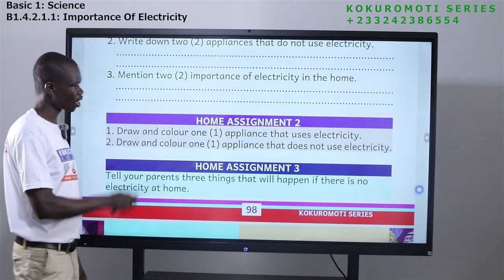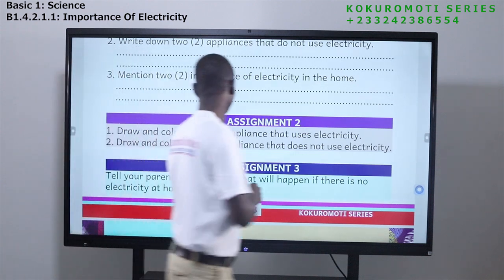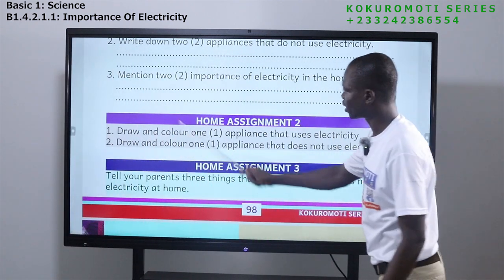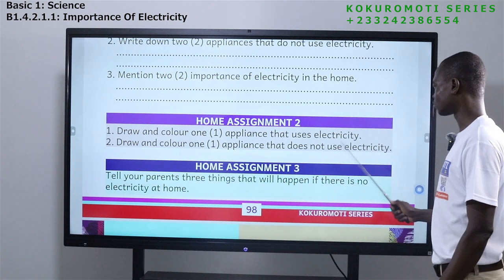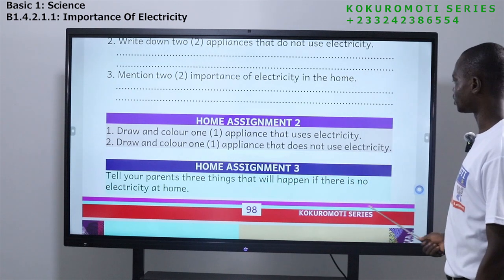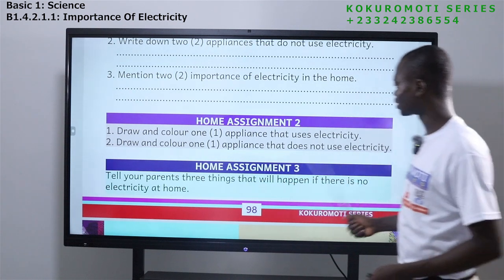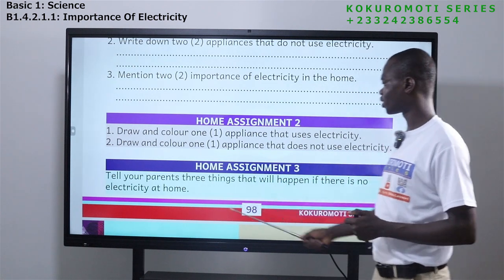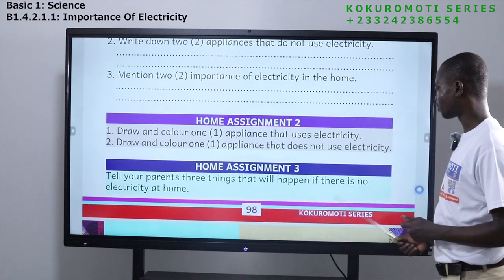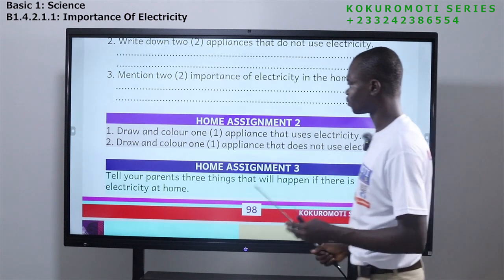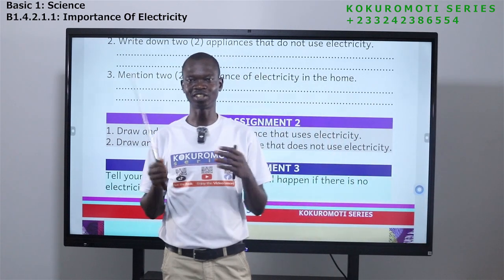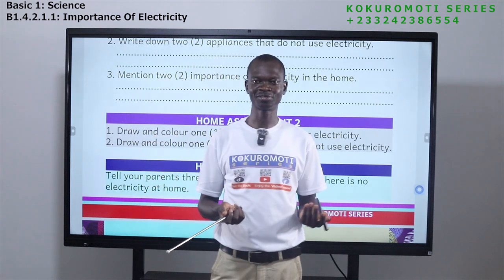Draw and color one appliance that uses electricity. Draw and color one appliance that does not use electricity. So we are saying that you should draw and color. The next one is that tell your parents 3 things that will happen if there is no electricity at home. So these things are simple for you. As for the drawing, I know you can draw.